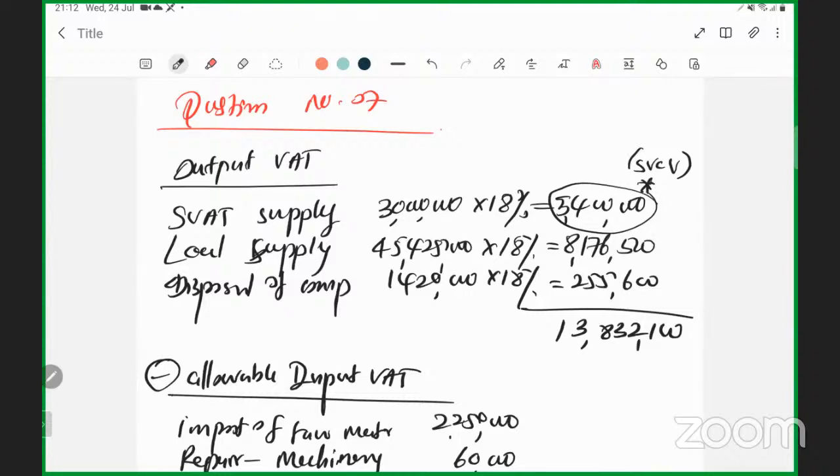Otherwise, you have to add back as disallowable. Clear or not clear? Got it? So don't think about relevance to the company, because all are relevant to the company. Otherwise, they will not incur. So any other questions?